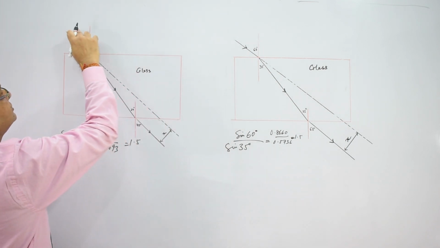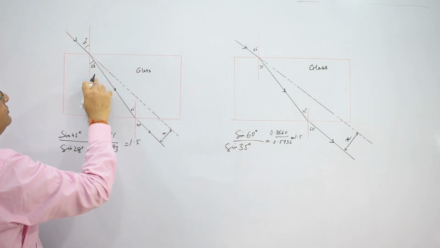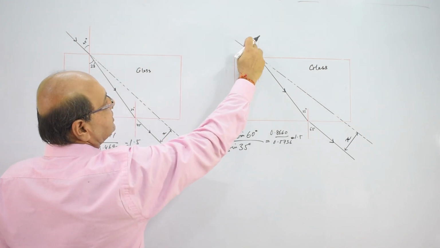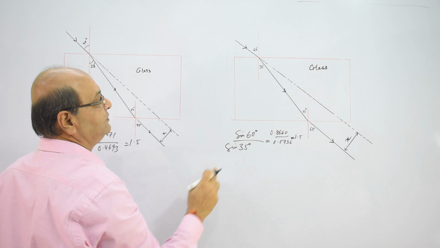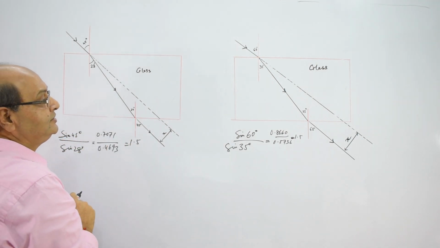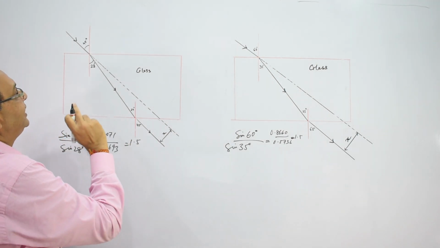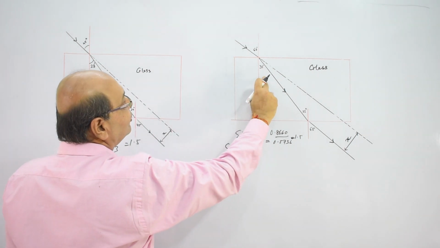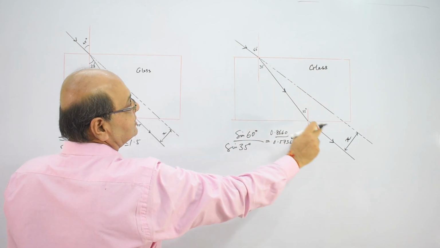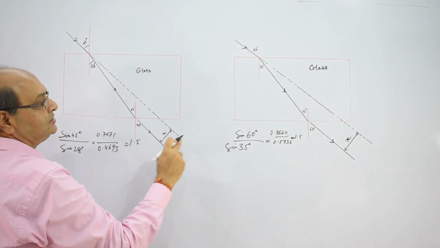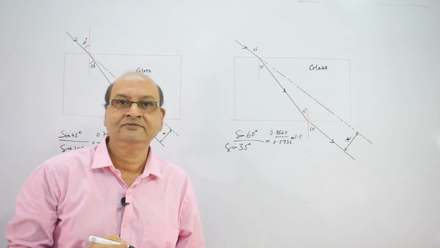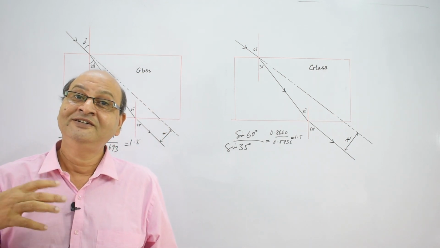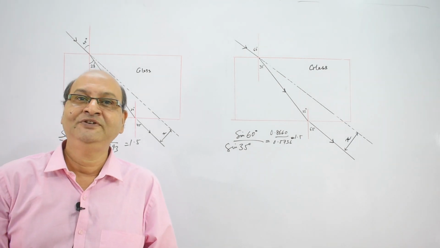Here angle of incidence was 45, angle of refraction was 28, angle of incidence 60, angle of refraction 35. From this, we get the conclusion that with the increase in the angle of refraction, the lateral displacement increases.